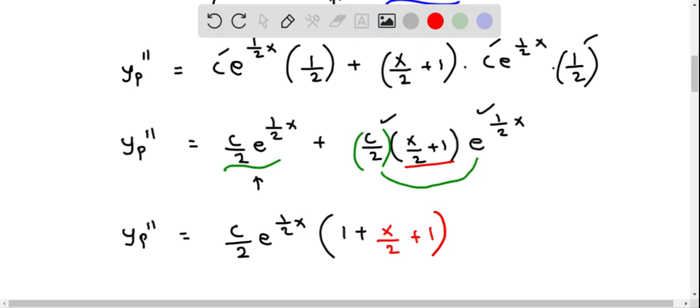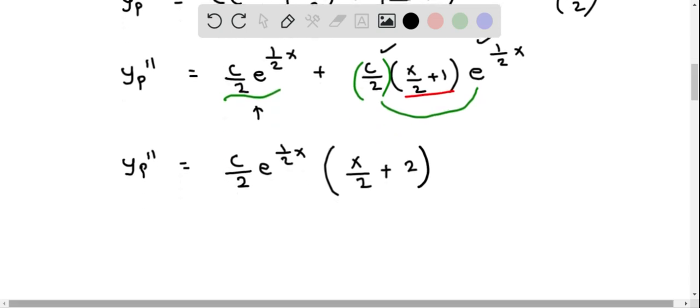Notice that we can simplify this expression inside the bracket by adding this 1 with 1, which gives 2. So it is basically x by 2 plus 2. So let me just remove this and rewrite this as x by 2 plus 2. So we have written this yp double prime in factor form.